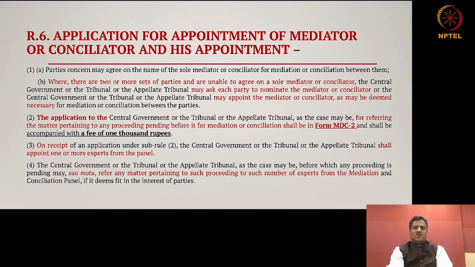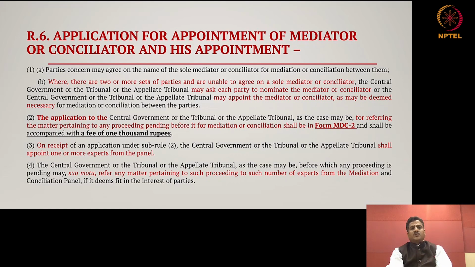Then rule 6 talks about application for appointment of mediator or conciliator and his appointment. Clause 1 talks about parties concerned may agree on the name of the sole mediator or conciliator for mediation or conciliation between them.